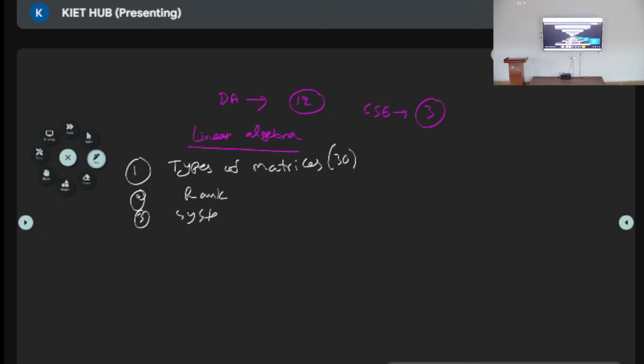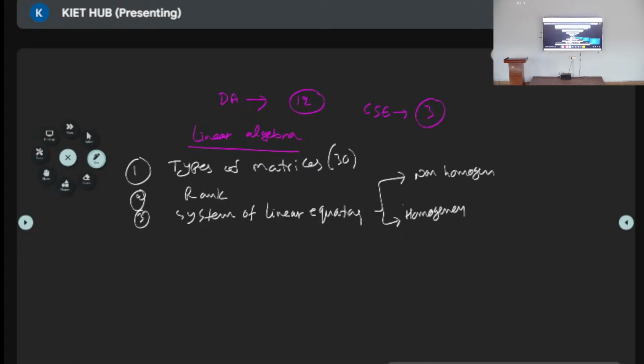system of linear equations. What are the types of linear equations we have? Non-homogeneous and homogeneous.